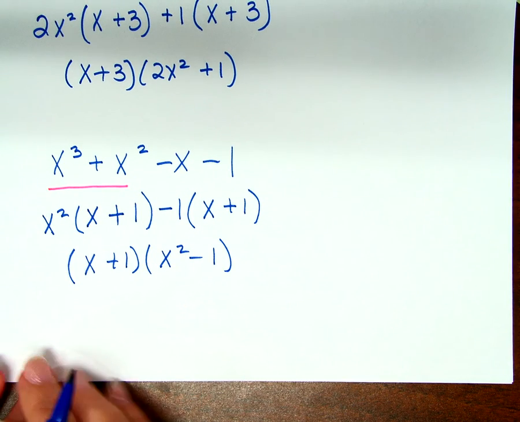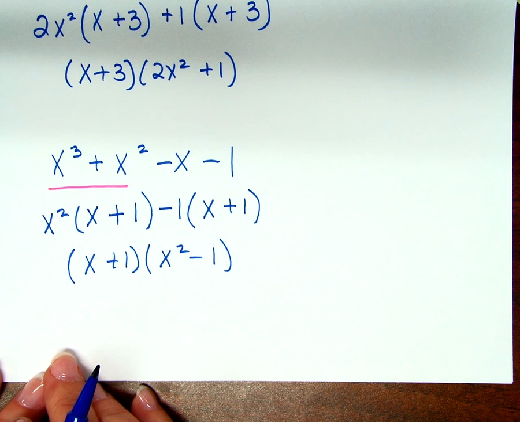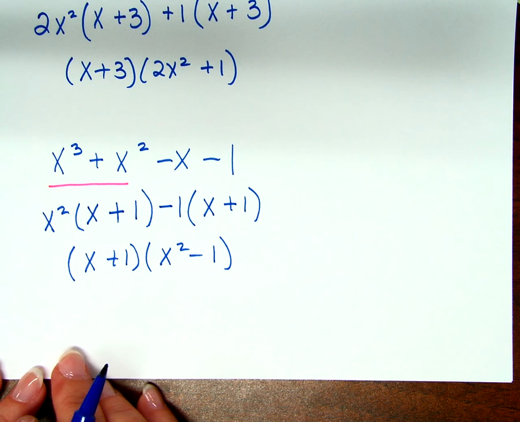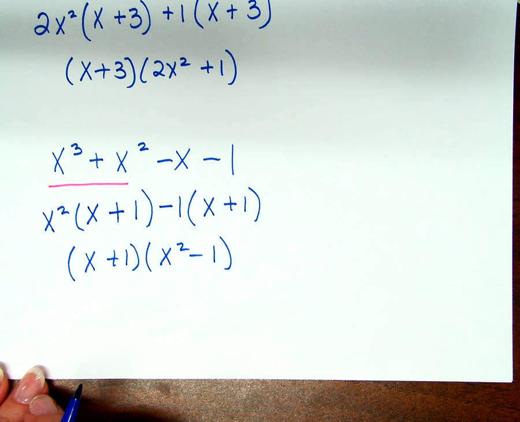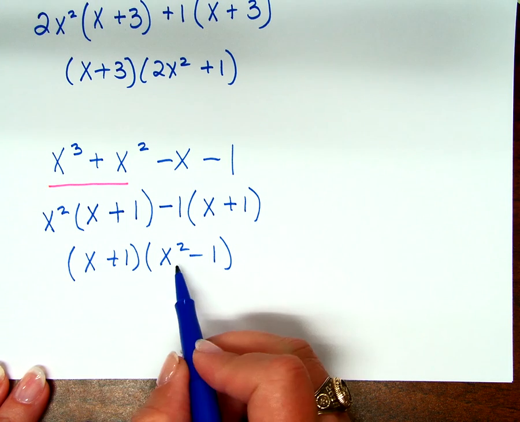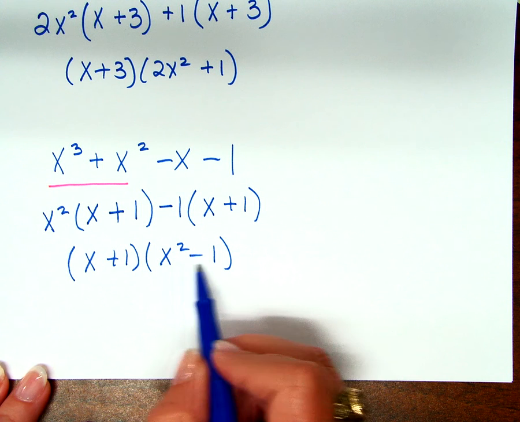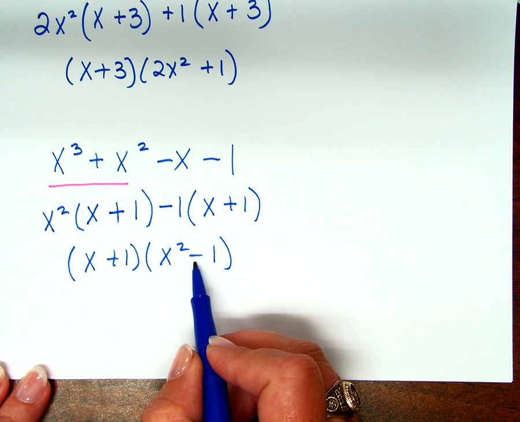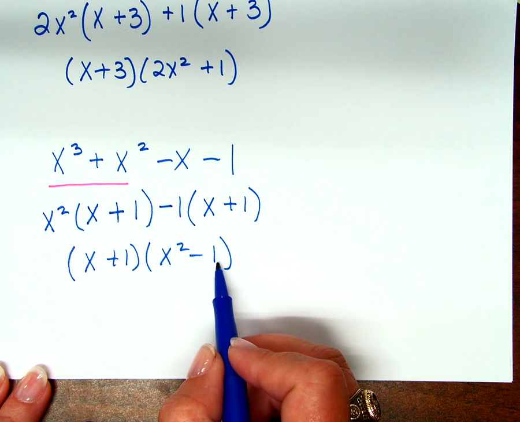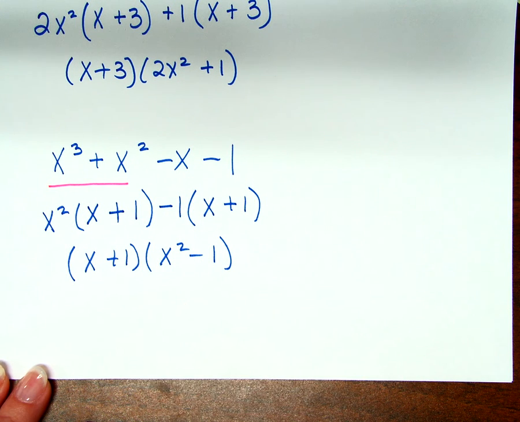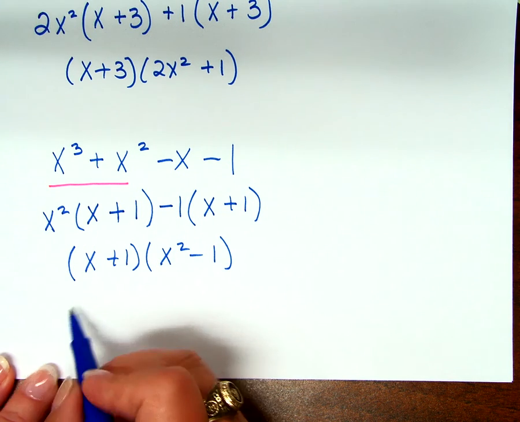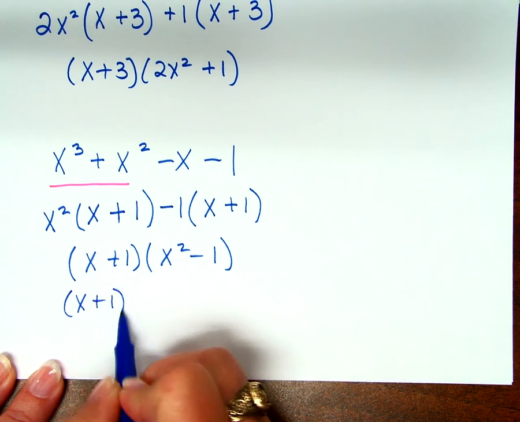Now this time, we are not finished. Why are we not finished this time? This binomial is the difference of squares. And we know how to factor the difference of squares, don't we? So I can't stop right here. I have the x plus 1 that I already had.